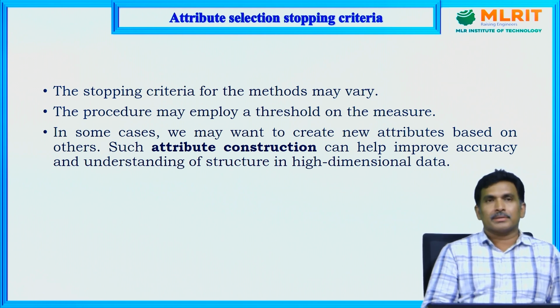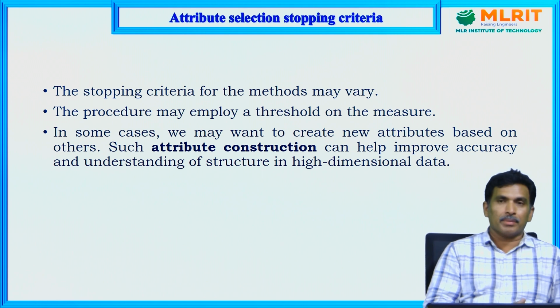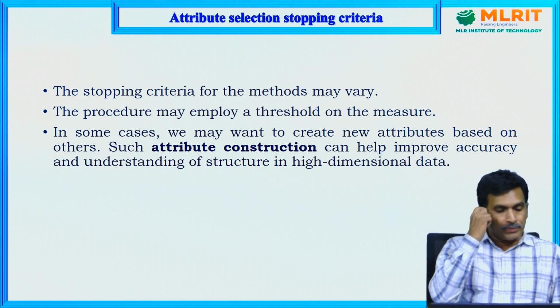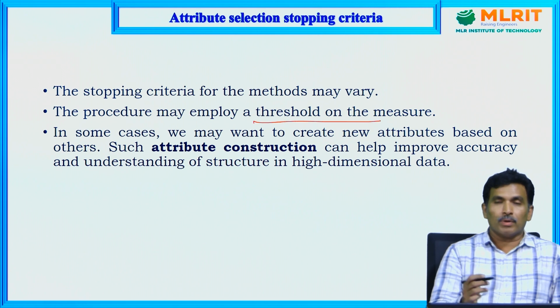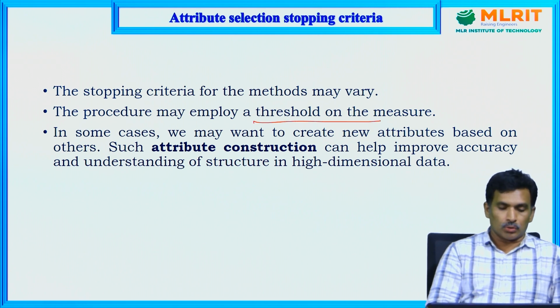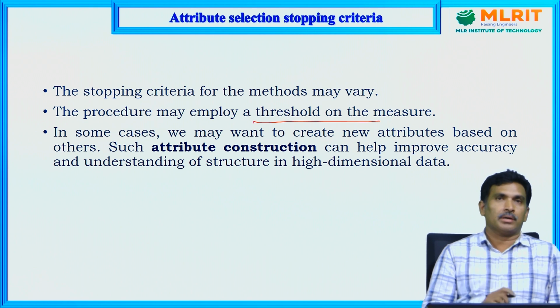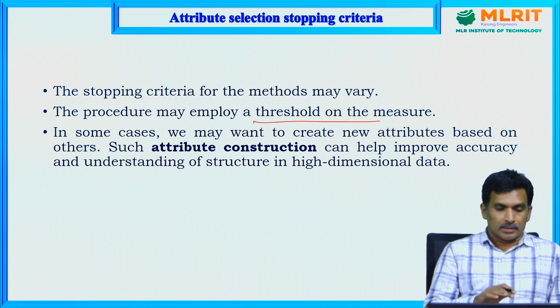This would vary from one method to another, but the procedure may employ a threshold on the measure, so that once we meet the threshold, the attribute selection will be stopped.